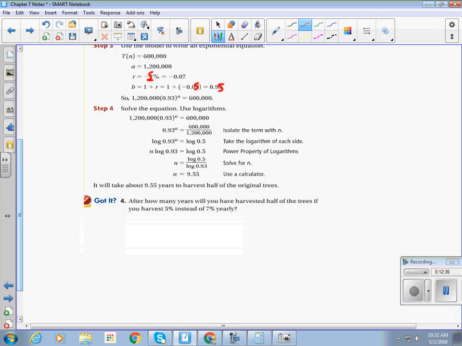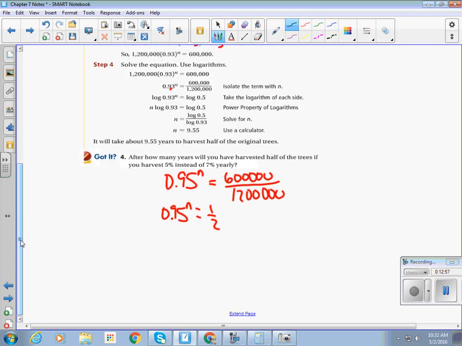So instead of 0.93, we're going to have 0.95. So that's 0.95 to the n equals 1/2. And we take the log of both sides. I'm going to go ahead and convert this to 0.5 so that I don't have to mess with the fraction.